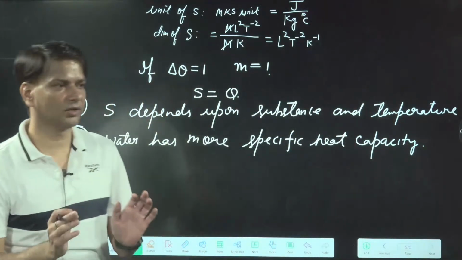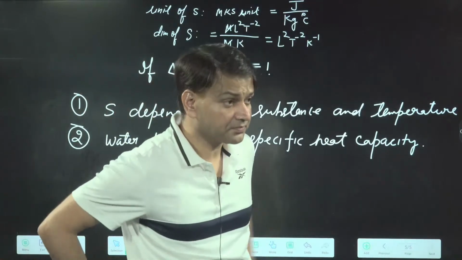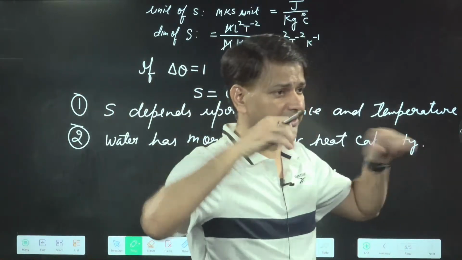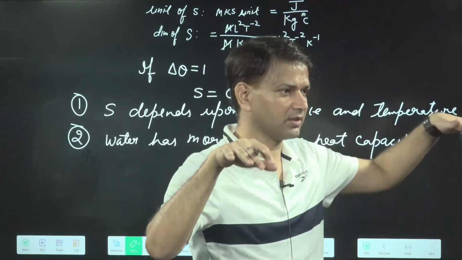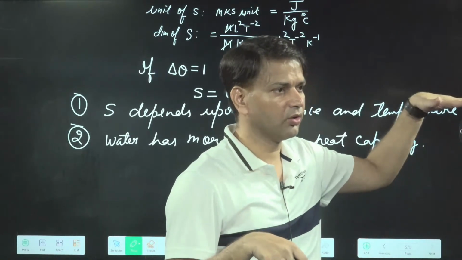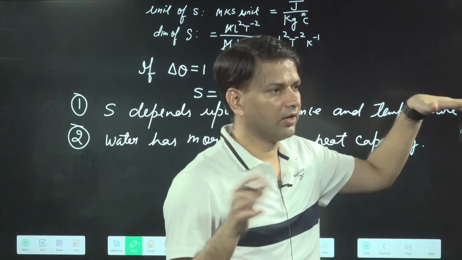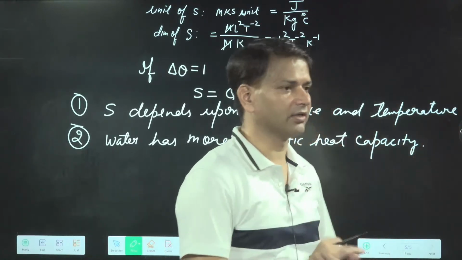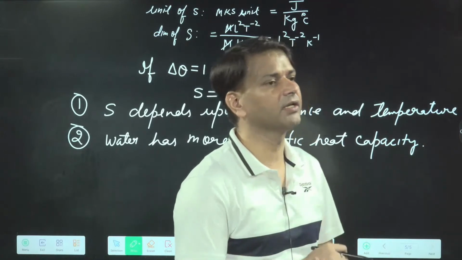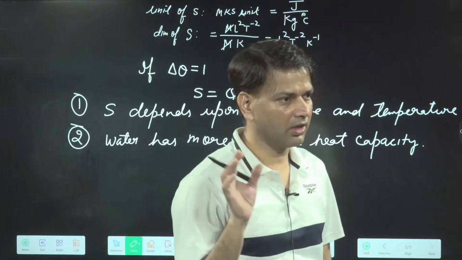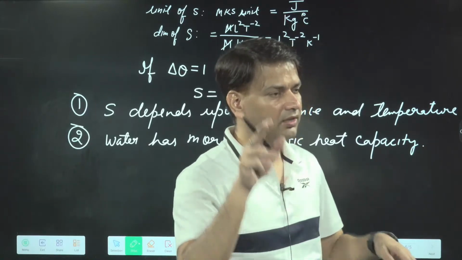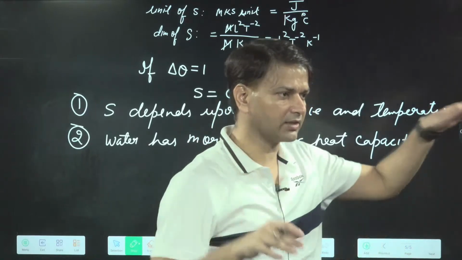Suppose I have two substances. One substance has lesser specific heat, one has more. When we are supplying the same heat, whose temperature change will be more? I have two substances, one has less specific heat, the other has more specific heat.